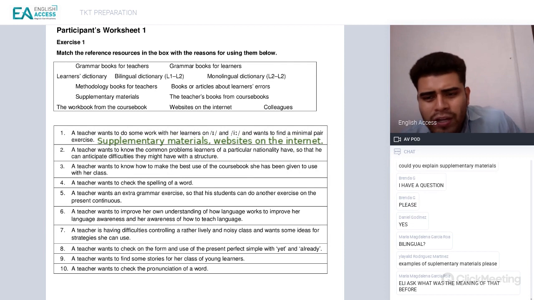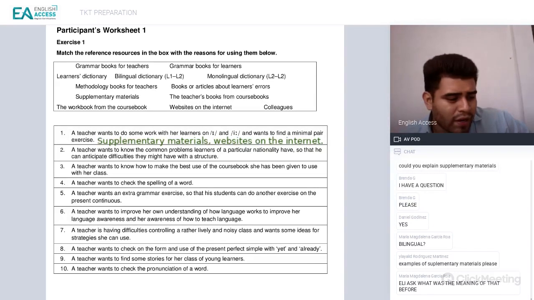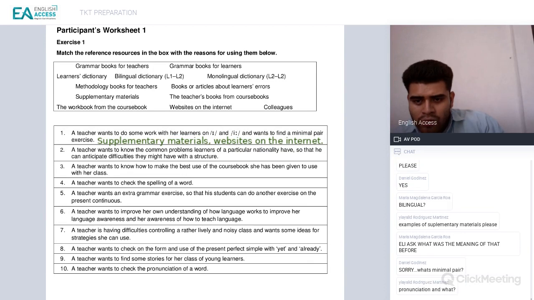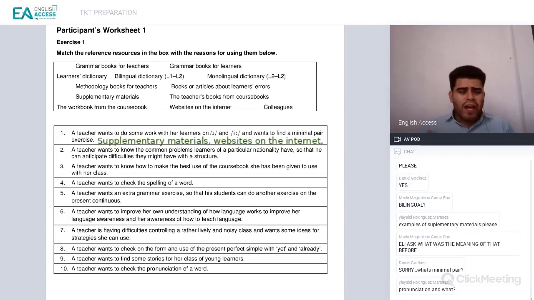An example of supplementary material, Ila, in this case, could be a pronunciation book, or maybe an animal book, a color book, any supplementary things that could help you in the classroom.